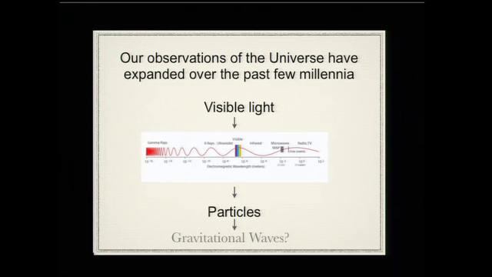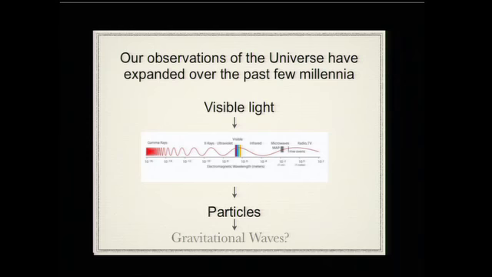But over the past couple of hundred years, we've expanded greatly so that we're now gathering light, photons, in just about every energy or equivalently wavelength range available. So we're looking at everything from the very high energy gamma rays to radio waves at the other end of the spectrum. And those have given us incredible new views into the universe and the processes that are going on.